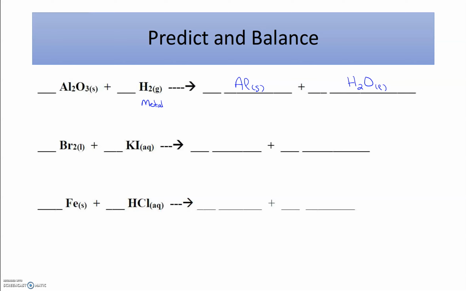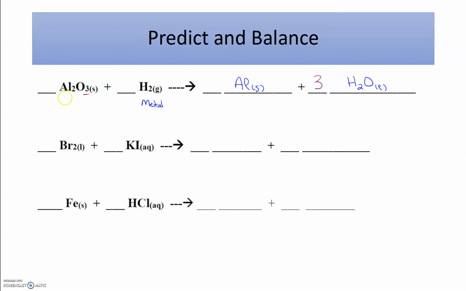When I take a look at my oxygen, I've got 3 oxygen on my reactant side, and I've got 1 oxygen on my product side. So I'm going to put a coefficient of 3 in front of my water, and that way my oxygen is now balanced.